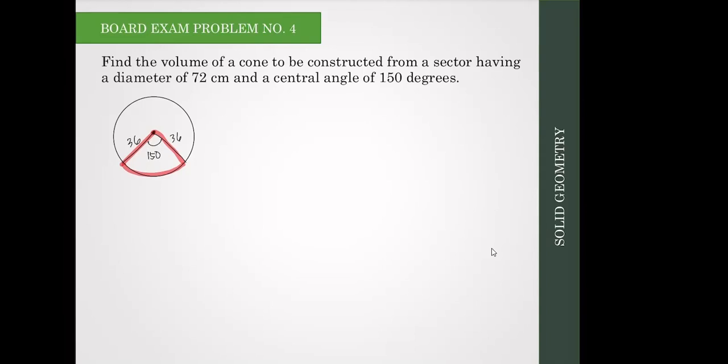Okay, so yung cone na magagawa natin, ito yung itsura, diba, ito yan. Okay? So, hindi natin alam yung magiging values niya. Alam natin ito yung R natin na 36.